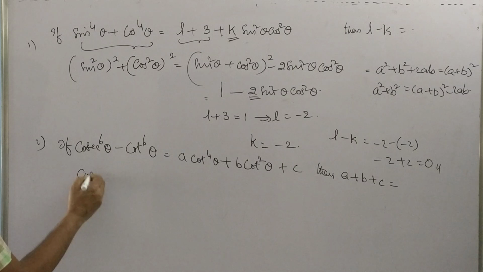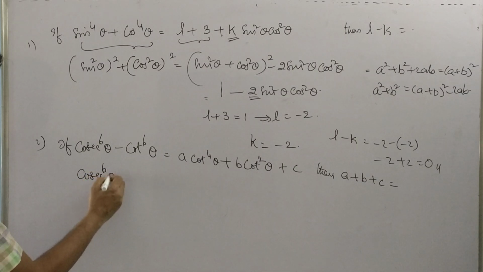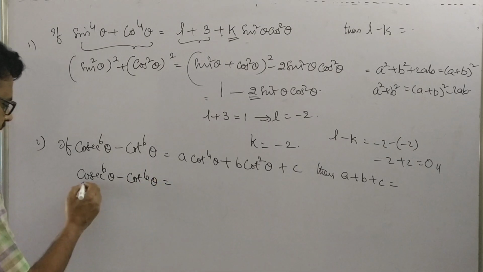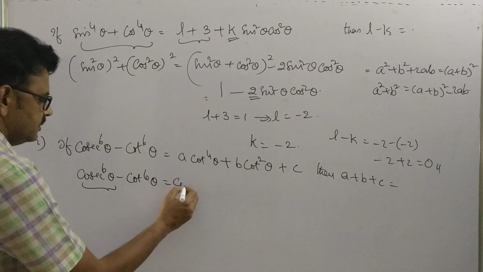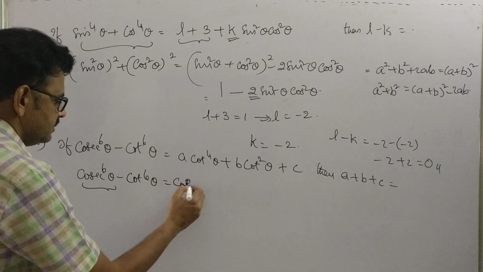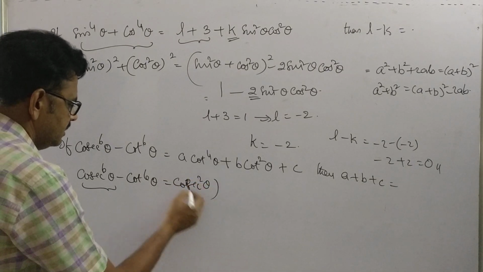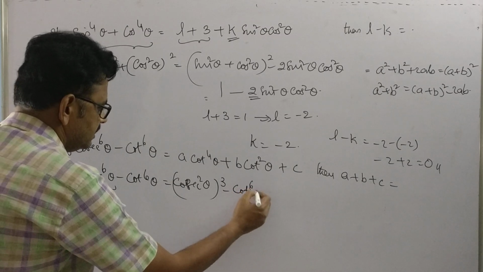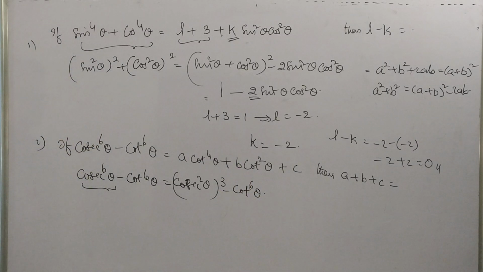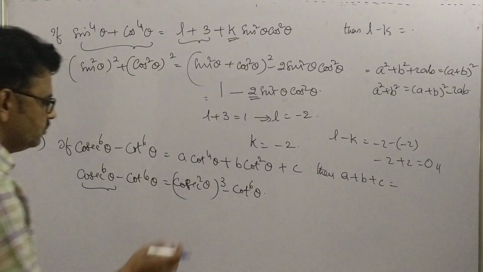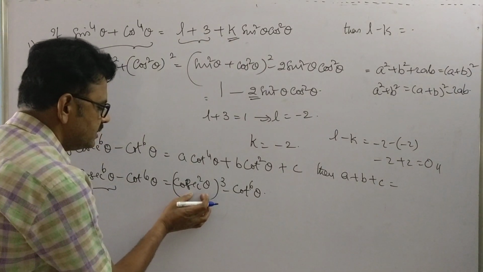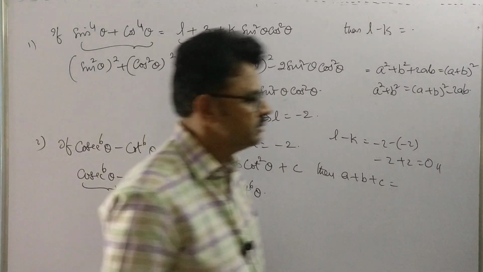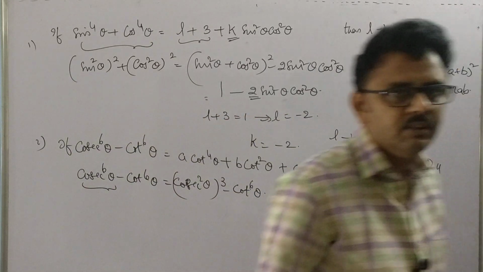So cosecant power 6 theta minus cot power 6 theta, you write as cosecant square theta whole cube minus cot power 6 theta. 1 plus cot square theta is equal to cosecant square theta.